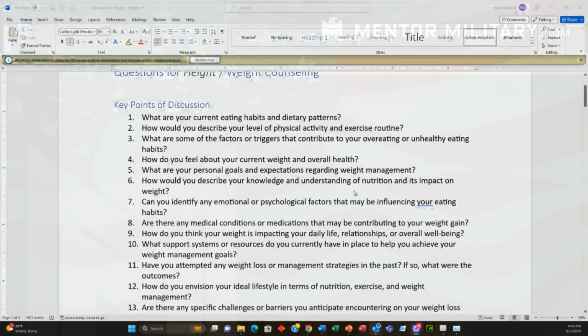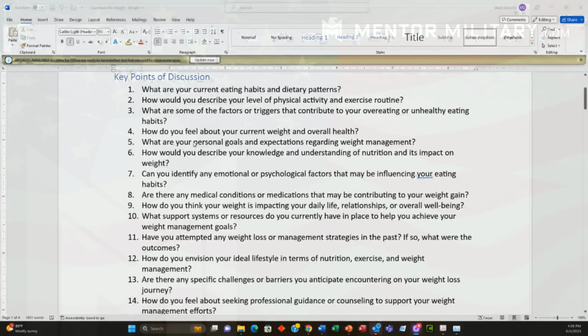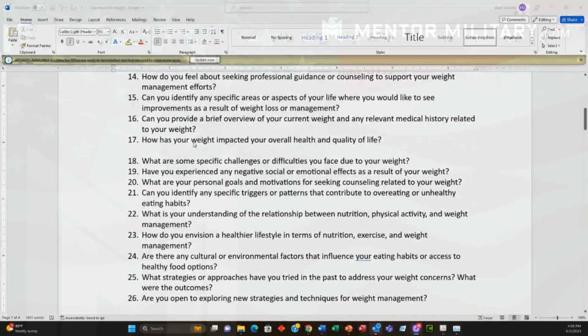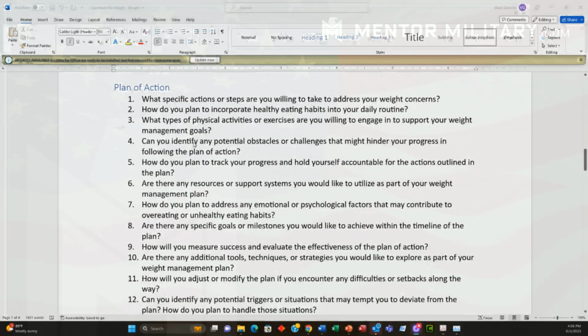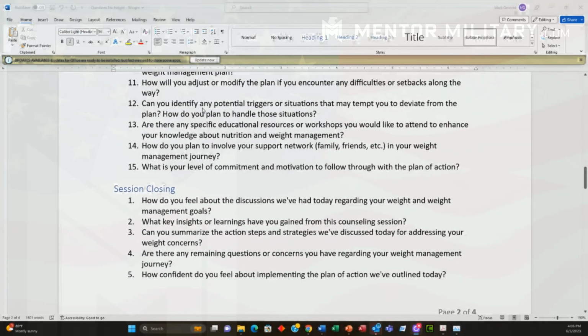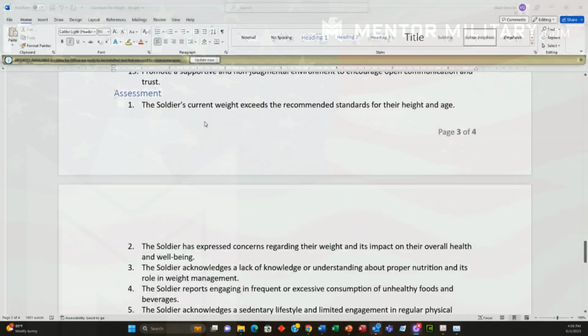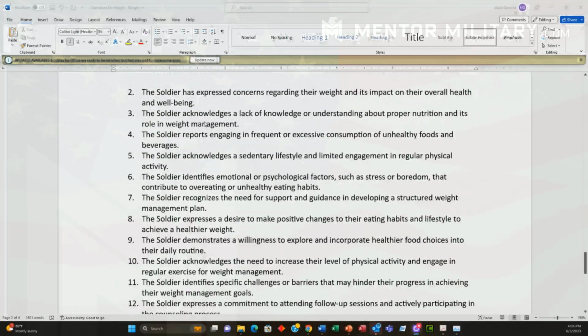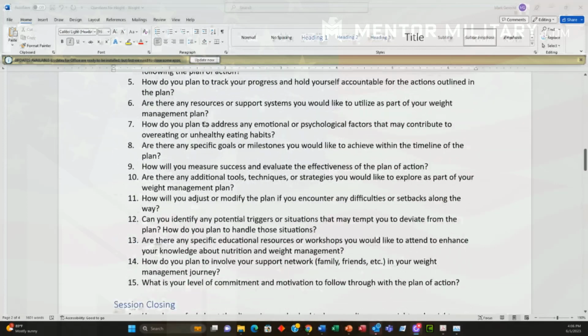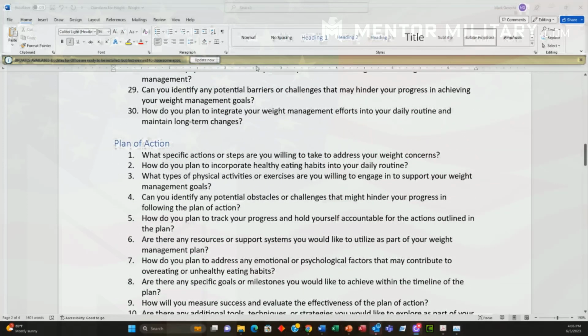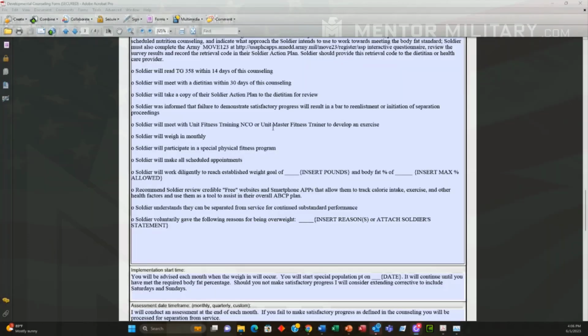So for this one, I came up with questions for key points of discussion that you might consider asking, the plan of action, what questions you might consider asking, the session closing, leader responsibilities, and assessment. All of these will be available in a new book that we're putting out for the new 4856. So, again, it's just about thinking through the process.